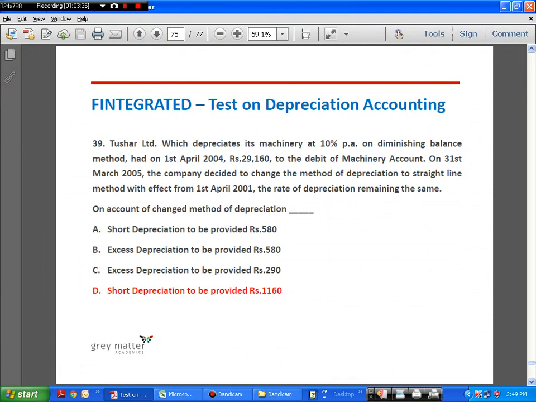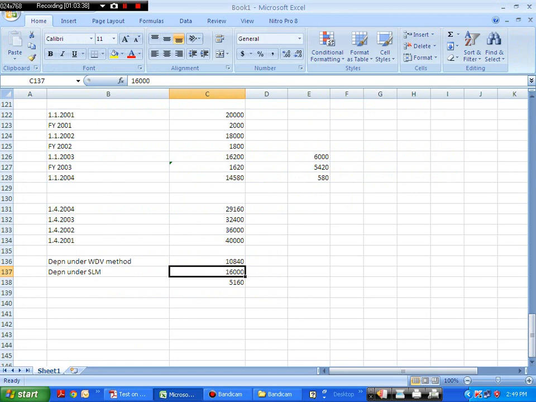Okay, so from 2001 to 2002 it is 4,000, 2002 to 2003 it is 4,000, 2003 to 2004. Which means depreciation under SLM would have been 12,000 rupees, right?